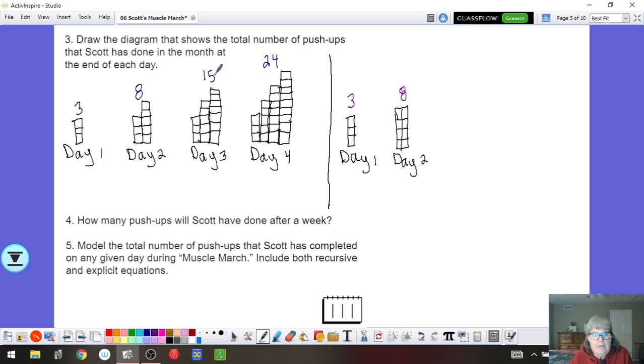Day 3, we have a total of 15. So if I want to keep the 3 columns and I want a total of 15, I would need it to be 5 rows tall, because 3 times 5 is 15.